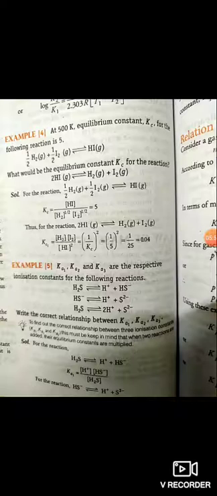Here Kc is H2 into I2 by HI. That is the reciprocal, so 1 divided by Kc whole square. What is the value of Kc? 5 is given. So 1 by 5 whole square is equal to 1 by 25, that is equal to 0.04.